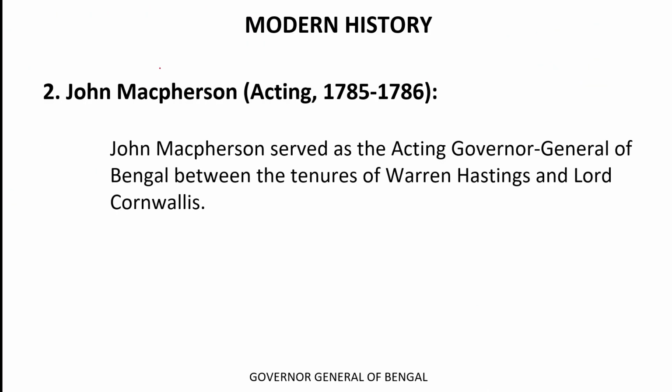Now let's move forward. Thereafter we have John McPherson. Basically, John McPherson served as the acting governor of Bengal between the tenures of Warren Hastings and Cornwallis. It was planned that after Warren Hastings, the next Governor General should be Lord Cornwallis.